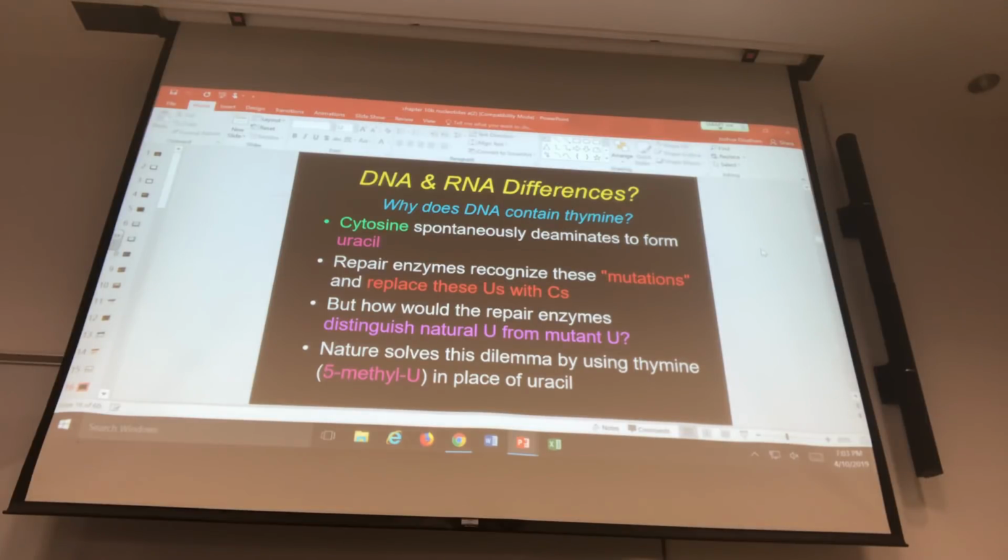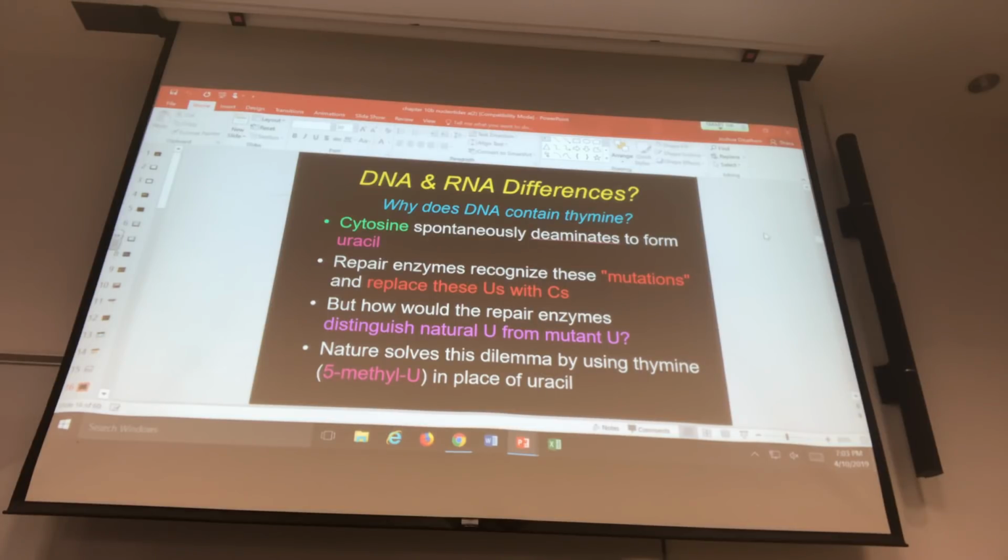Let's see. Oh, yeah, I usually remember to talk about this in 10A. But this whole thing with cytosine and uracil. It turns out, for whatever reason, cytosine can spontaneously turn into uracil through a process called deamination, which can be problematic, right? Because uracil is not supposed to be found in DNA. So every now and then, the cytosines in DNA will sometimes turn into uracil.